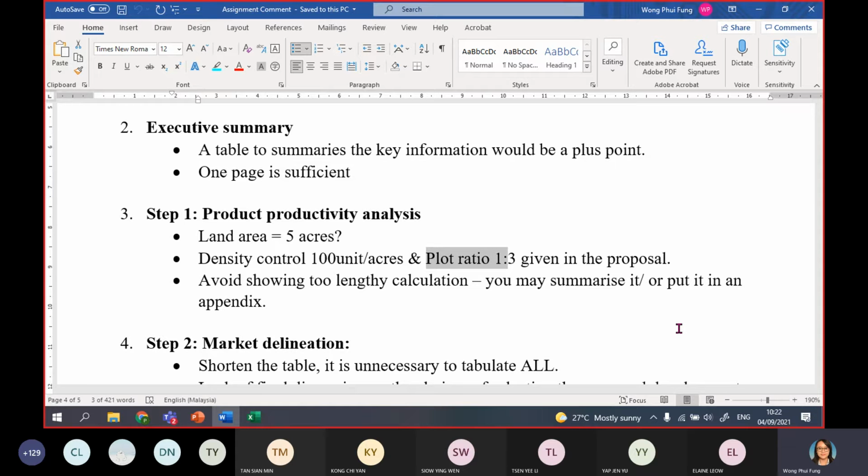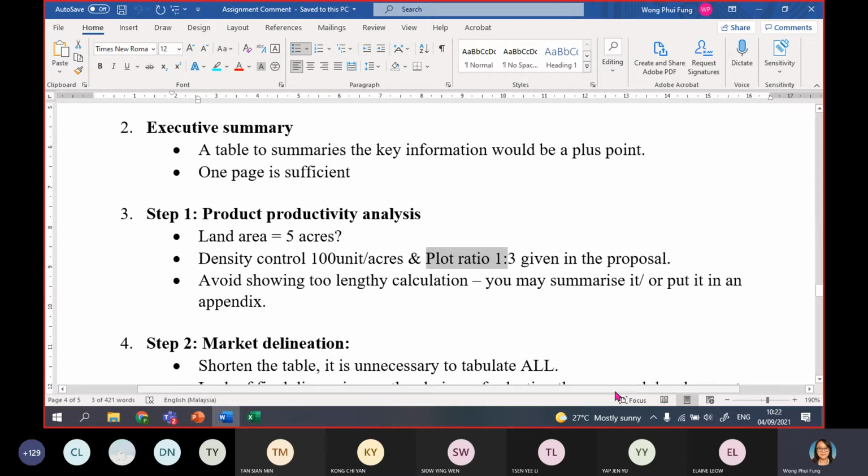That's why your step one got many figures. Actually, no need. You just need to mention that after checking the government local plan, the port ratio is 1:3. Because that one is already mentioned in the assignment. So it is unnecessary for you to detail out again to show me this document shows that, that document shows that, and so on. Not necessary.